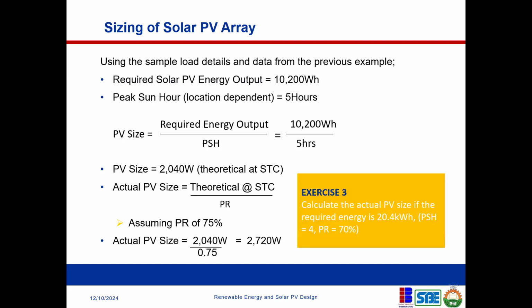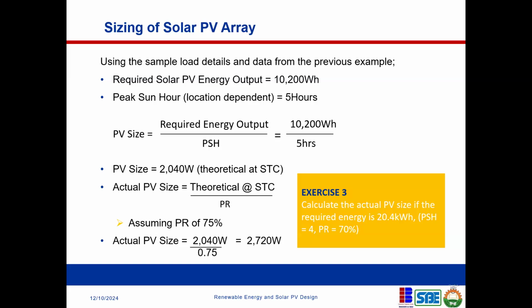in solar PV designs, we assume all the losses have been taken care of in this performance ratio. That's for the PV system. That's the line losses, the losses in your wires, the losses in your PV system because of temperature differentials, solar intensity.